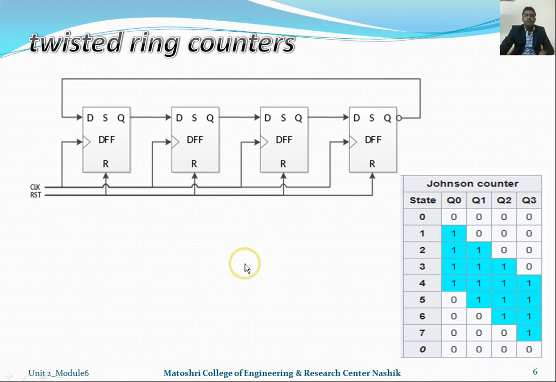That is the advantage of the twisted ring counter, and we utilize it for different applications because we get 8 different output states.